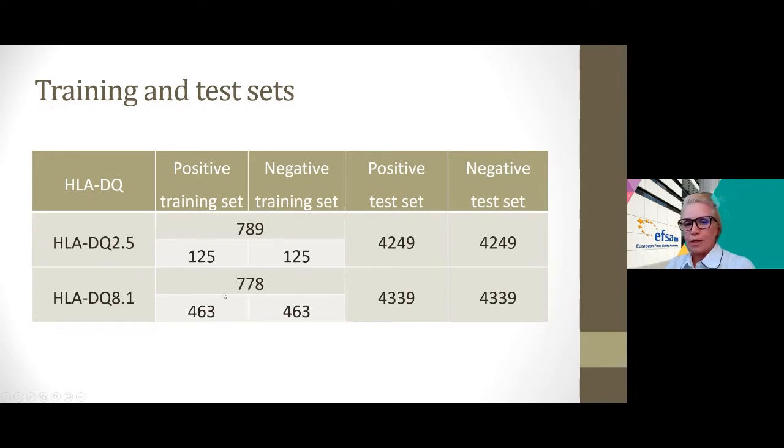So these are the training sets, and the external test sets contain 4,200, 4,300 known binders generated by LC-mass assays published in the literature, and the same number of non-binders selected randomly from the pool of non-binders.